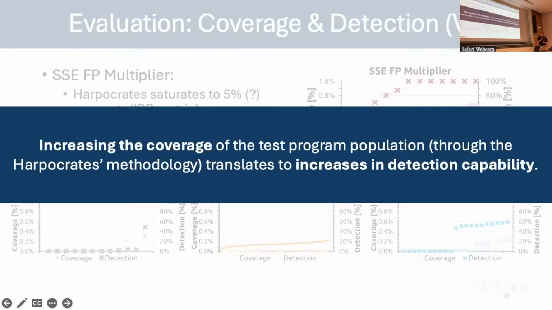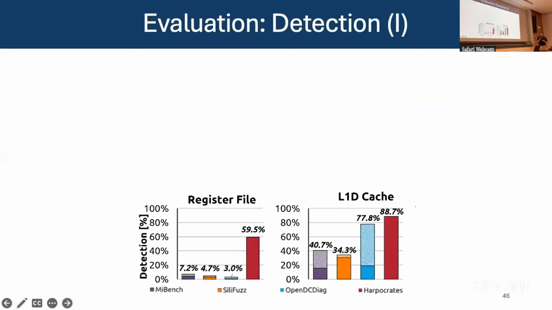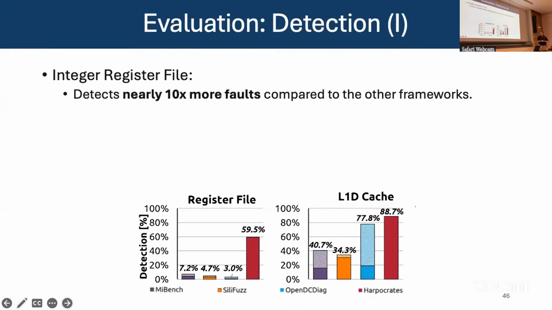The conclusion from those results is that increasing the coverage of the test programs translates into increases in detection capability. And now taking a look at the detection. Here, the register file detects nearly 10 times more faults compared to other frameworks.